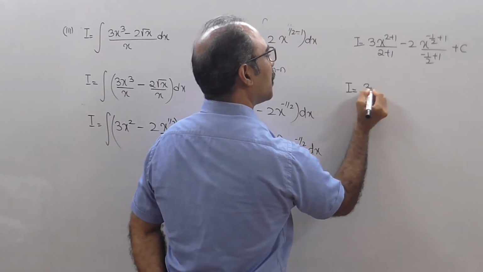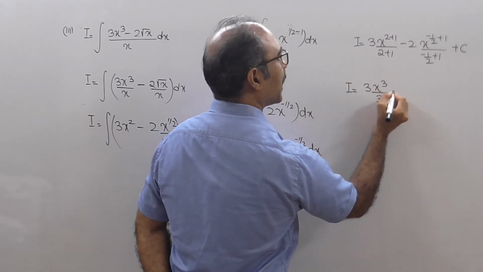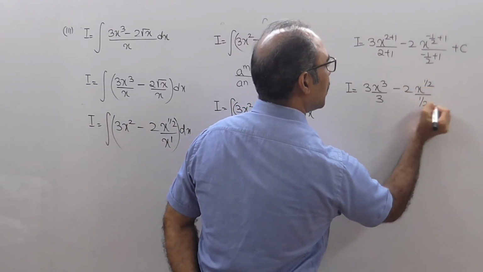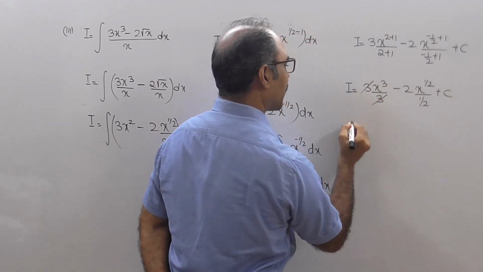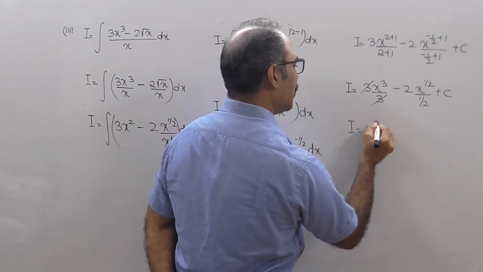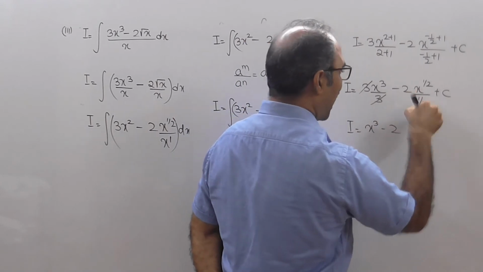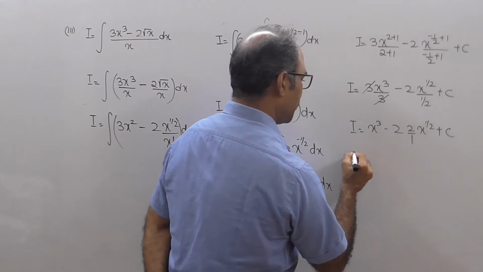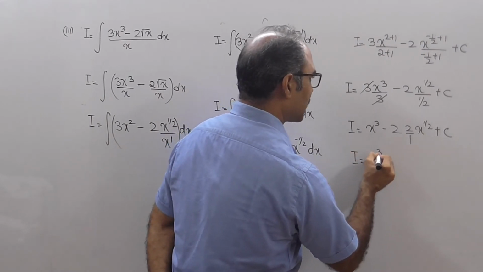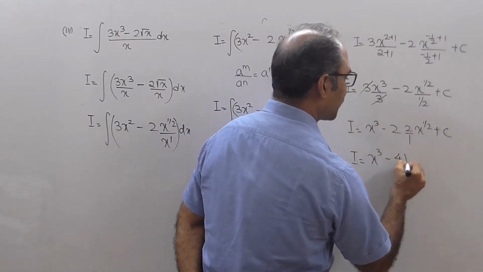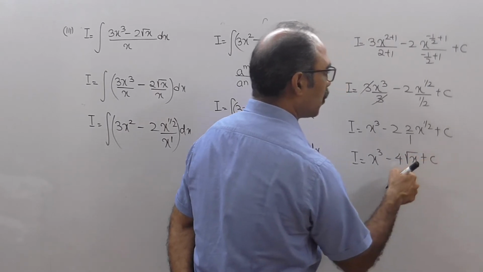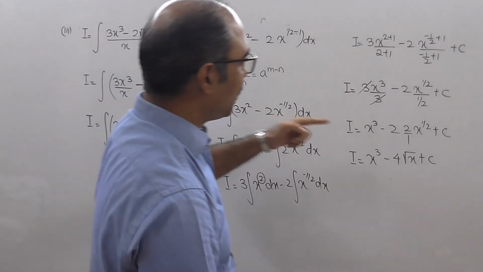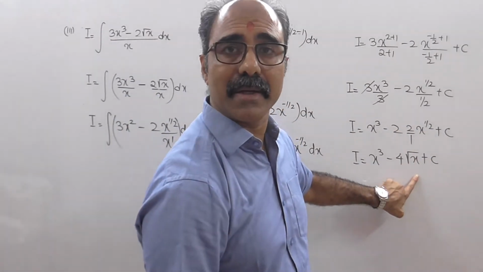We get I equal to 3, 2 plus 1 is 3, again 2 plus 1 is 3, minus 2, minus half plus 1 is half upon half, plus c. We can cut this. We get x cube minus 2, and this half will rotate, it will become 2 by 1 x raised to half plus c. So I get I equal to x cube minus 2 into 2 is 4, and x raised to half. I can once again change it to root x. Just as earlier root x was written as x raised to half, similarly x raised to half I can write as square root of x.